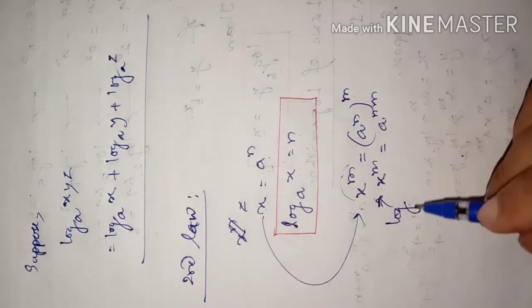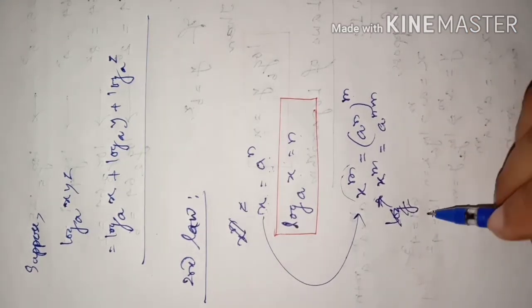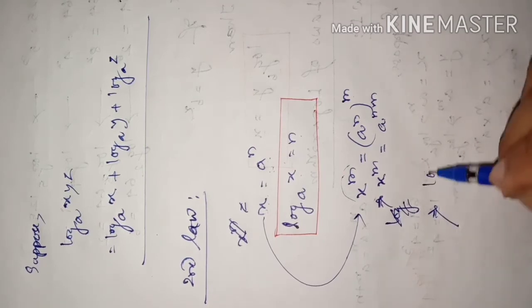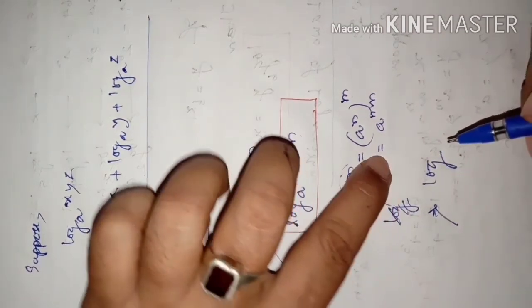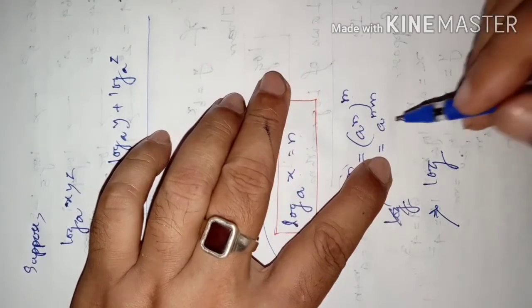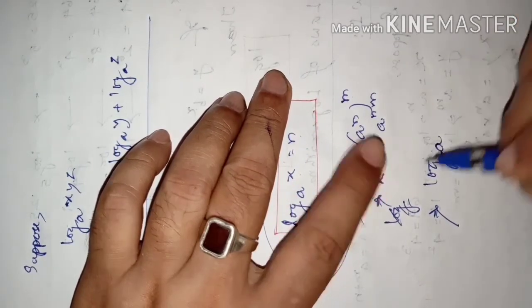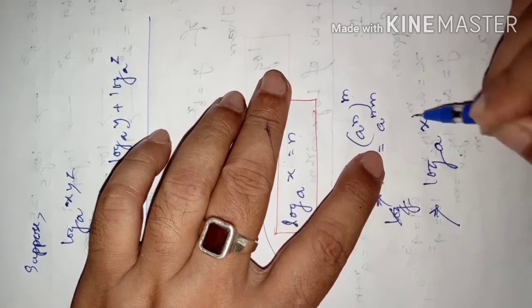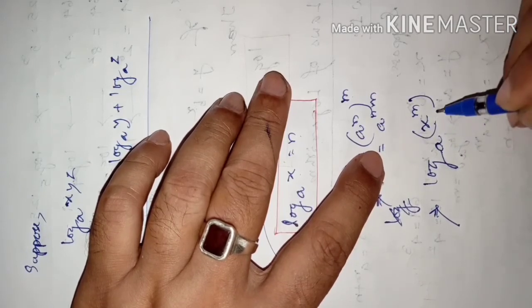Now if I write it as a log here, what shall I get? Log to the base a of x to the power of m, where you consider x to the power of m as a single number.